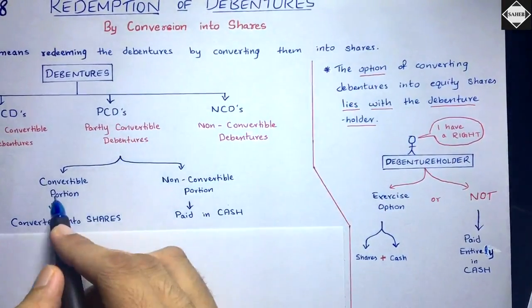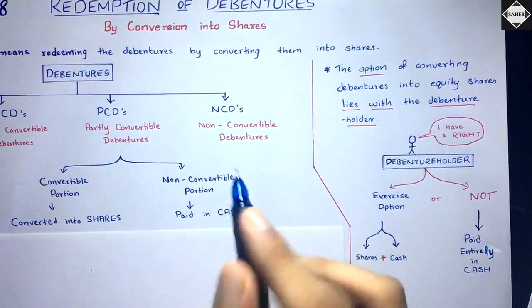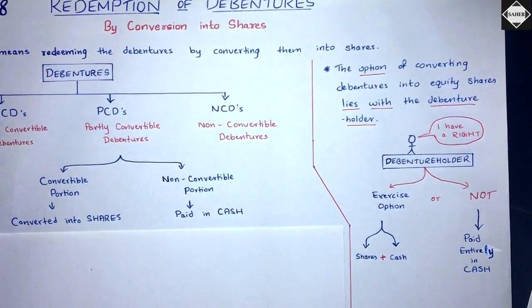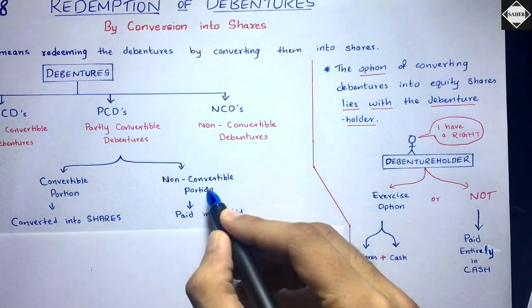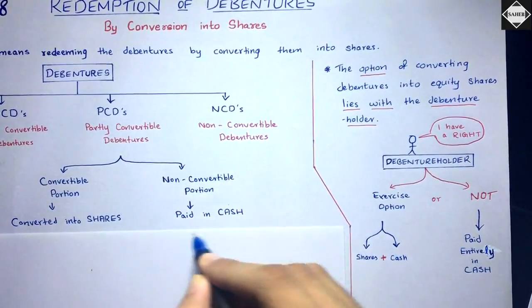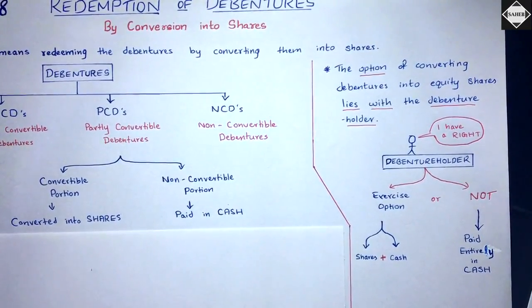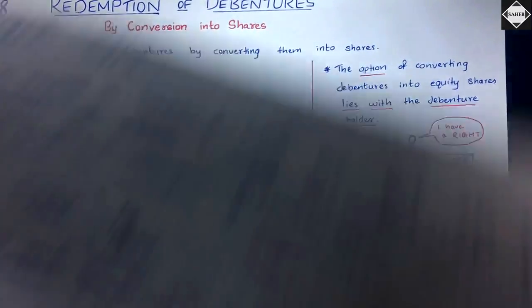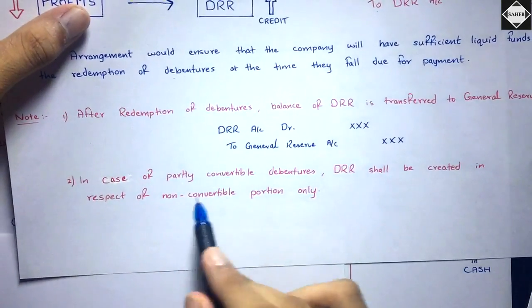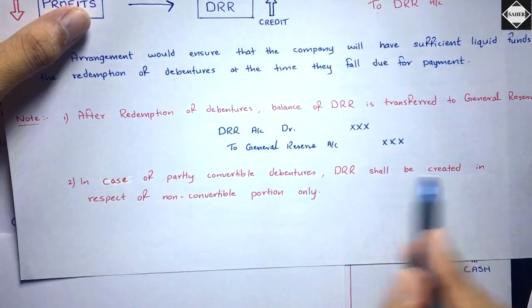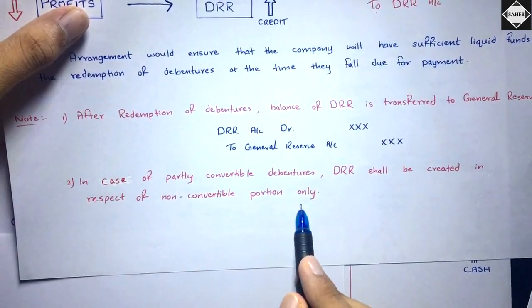Let's say 40% is convertible and 60% is non-convertible. Then you have to create DRR and DRI only for the non-convertible portion. That's what this red ink says: in case of partly convertible debentures, DRR shall be created in respect of non-convertible portion only.